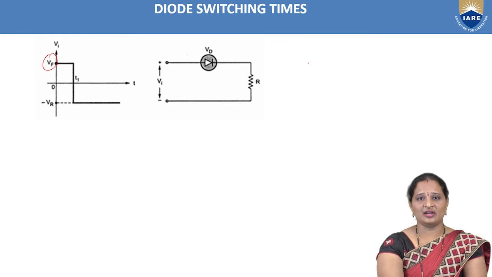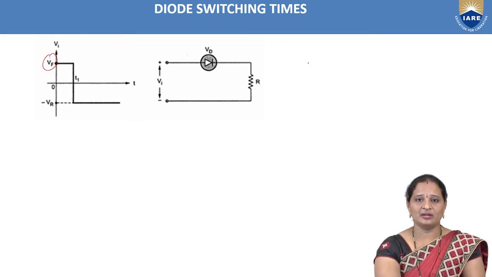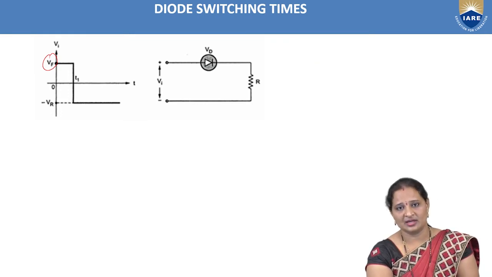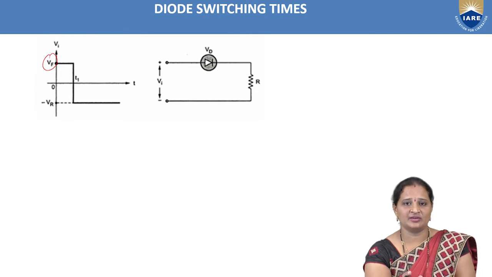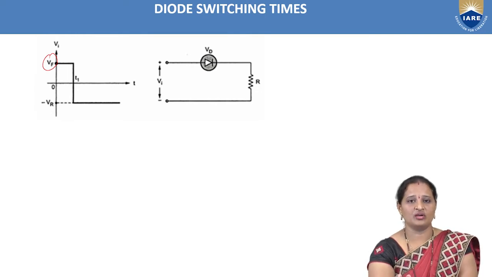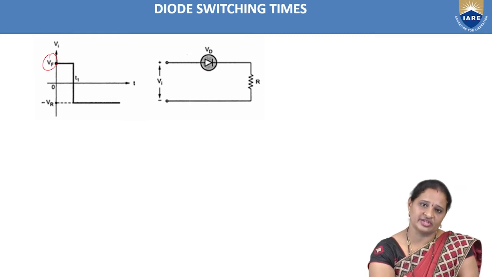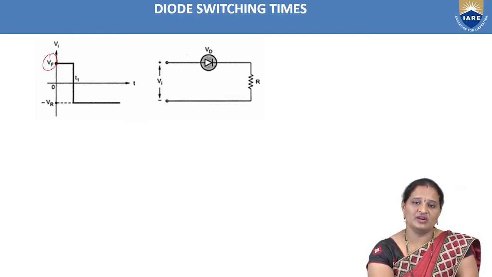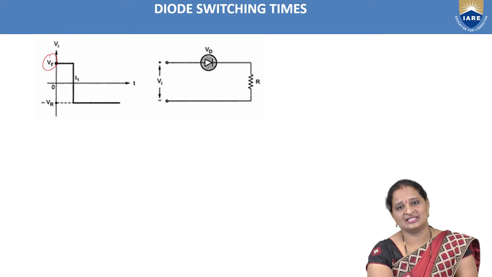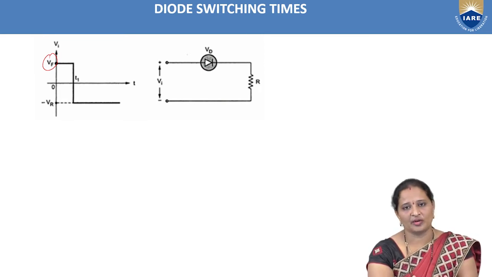For an ideal diode, it will happen, but in practice, the change of state of a diode from on to off, or else from forward bias to reverse bias, will not happen instantaneously. It will take some time to change its state from on to off, or else off to on.